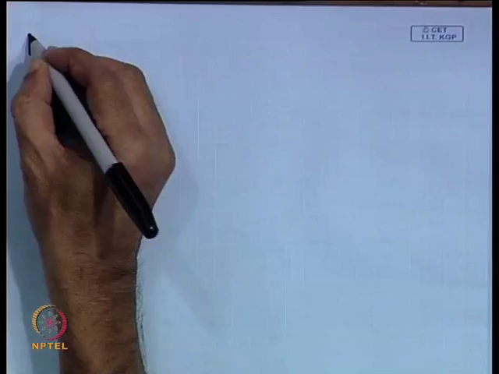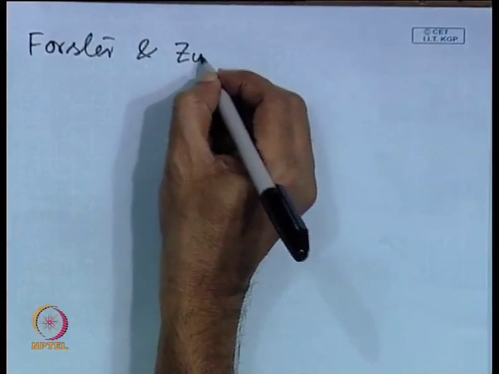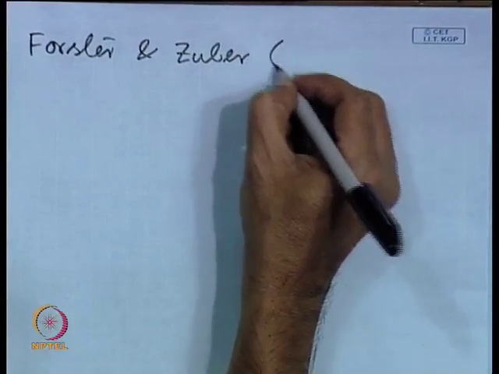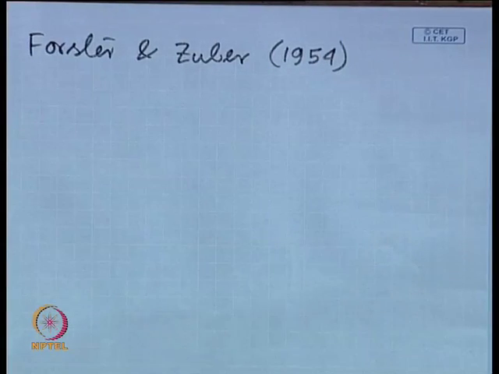So, now we will go to another correlation of boiling heat transfer. That correlation is much similar to the correlation of Rohsenow, but there is some difference. That correlation is given by Forster and Zuber, almost at the same time, in the year 1954.